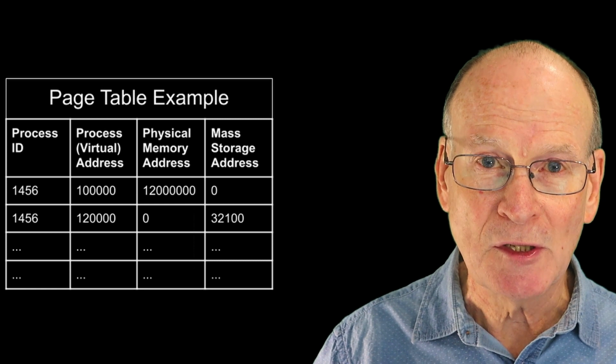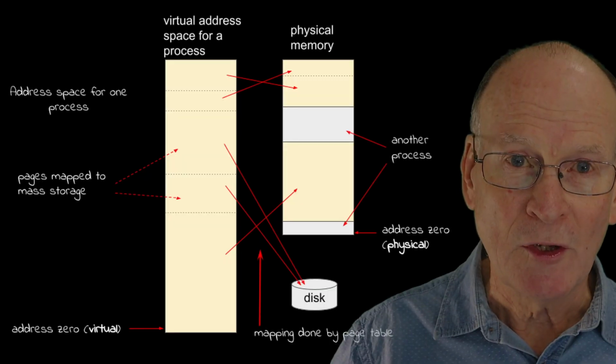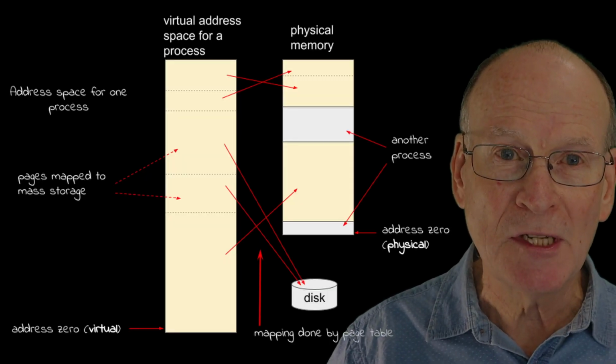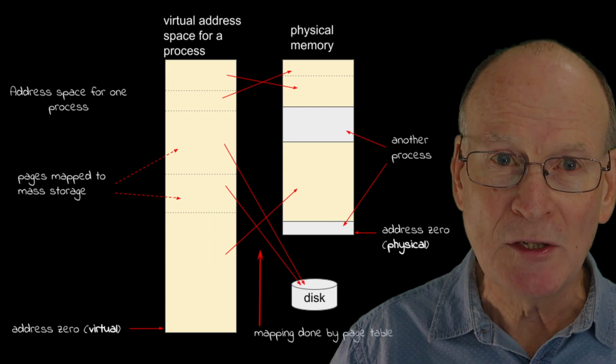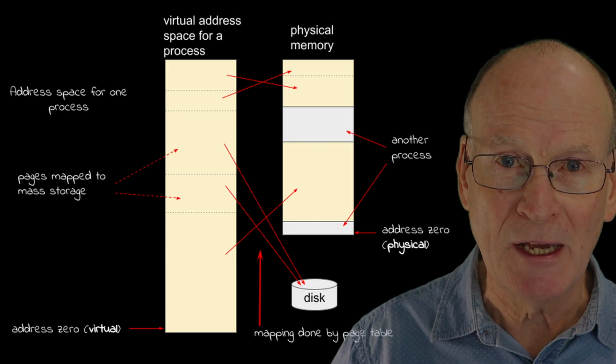And this table is called the page table. Now, the kernel of the operating system manages this table and moves pages to and from mass storage as needed.